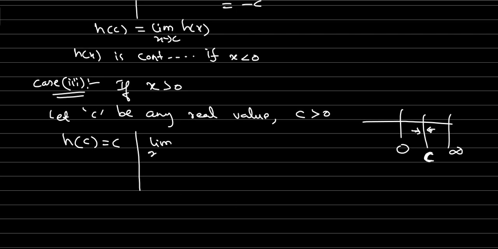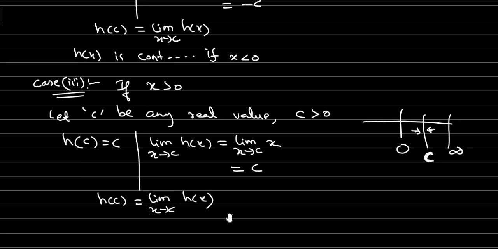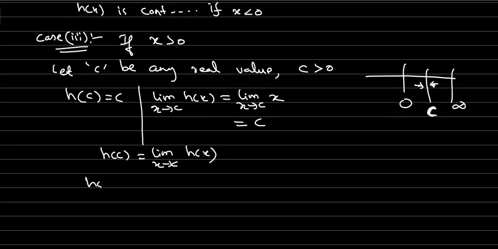Limit as x approaches c of h of x, where h of x is the positive function x. Applying the limit, the result is c. So h of c equals the limit as x approaches c of h of x, both are the same. So h of x is continuous if x is greater than 0.